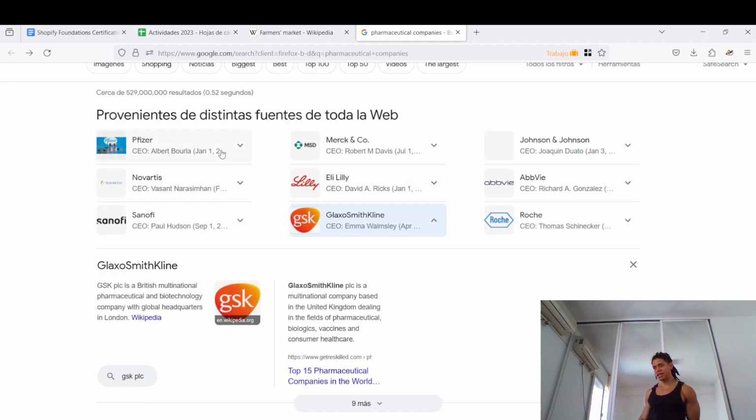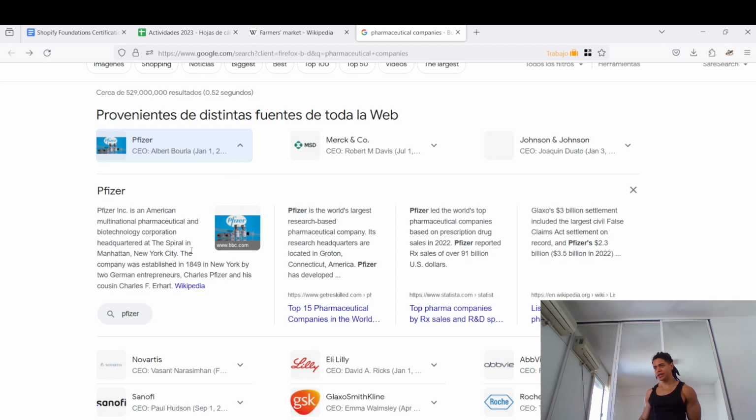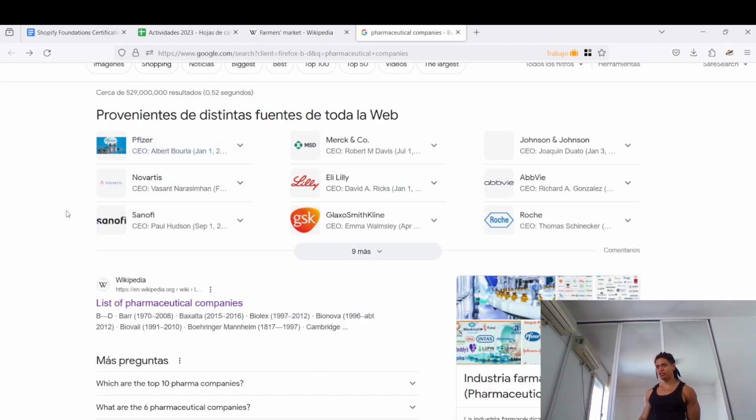GlaxoSmithKline and Pfizer. This is very interesting. So this is just to mention a couple of sources coming from all over the web, from a Google search.